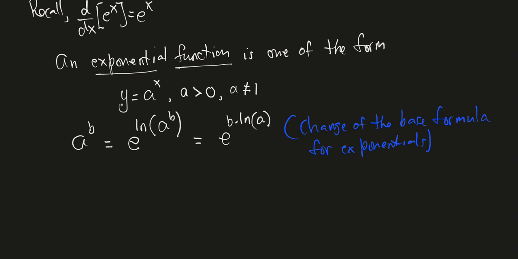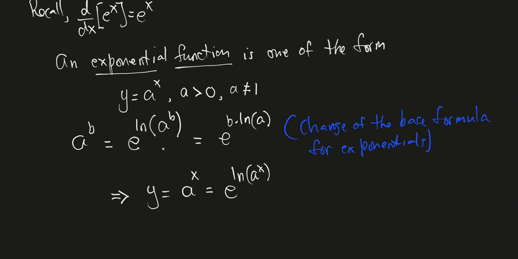I'm going to take my y equals a to the x, and apply this procedure and change it over to base e. Using this formula, y equals a to the x is equal to, going through the steps we have right here, e to the ln of a to the x.